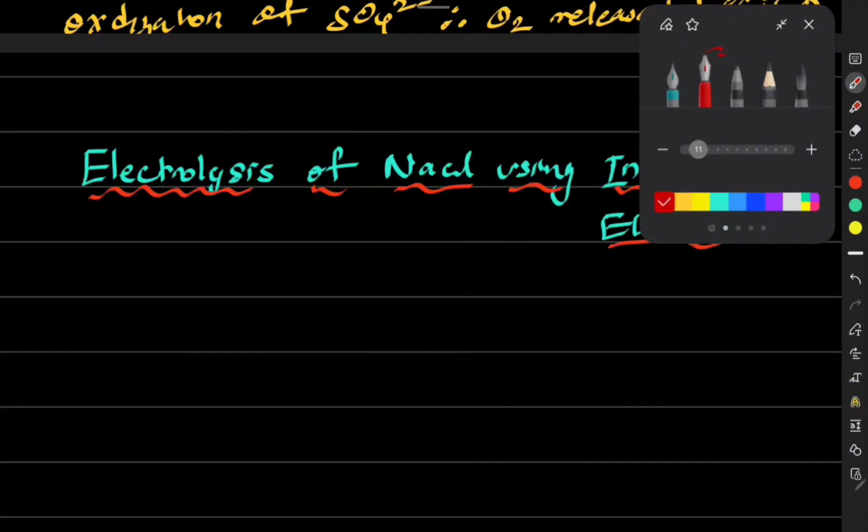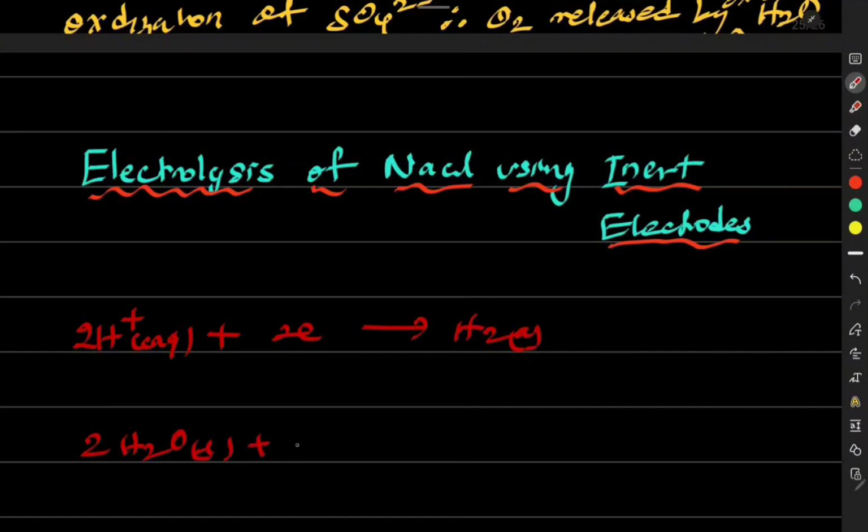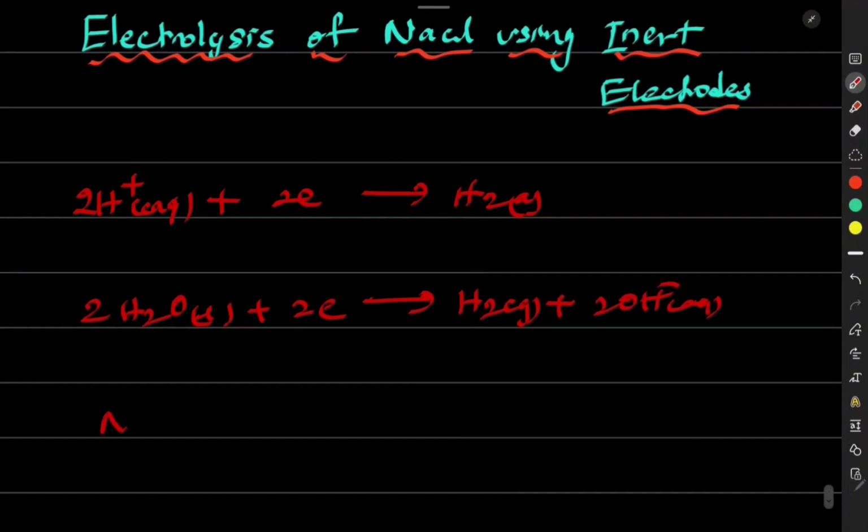Now let's look at the reactions of electrolysis of sodium chloride. First, 2H+ aqueous plus 2 electrons form H2 gas. The second reaction is 2H2O liquid plus 2 electrons forms H2 gas plus 2OH- aqueous. The next one is Na+ aqueous plus electron forms Na solid.